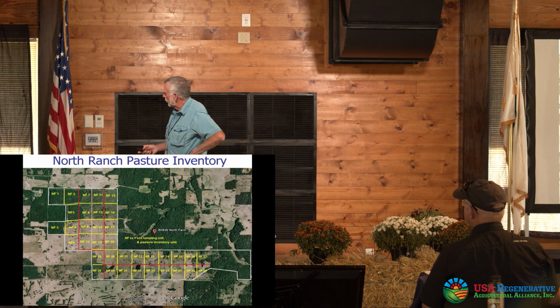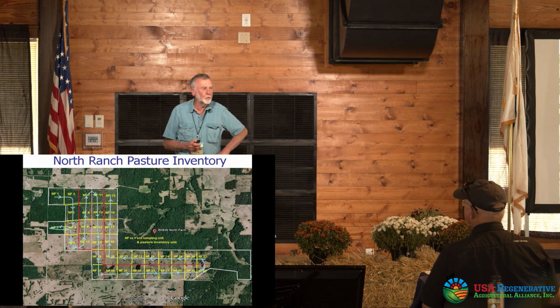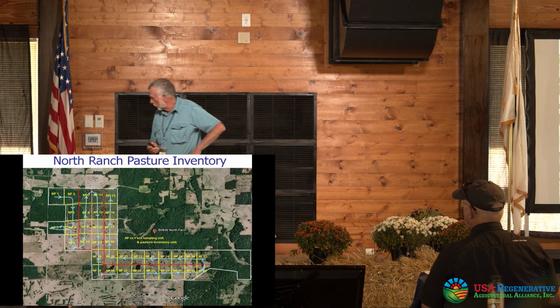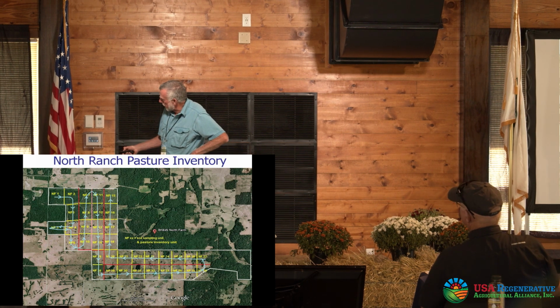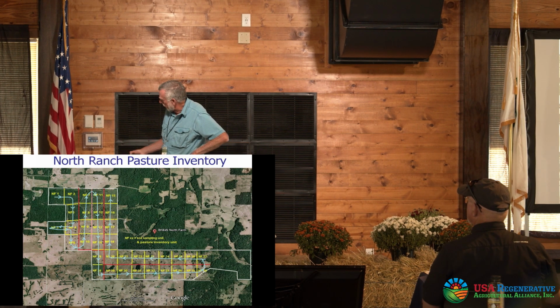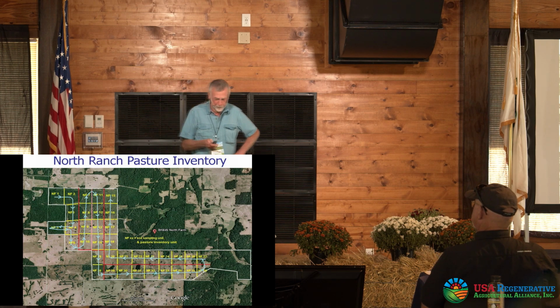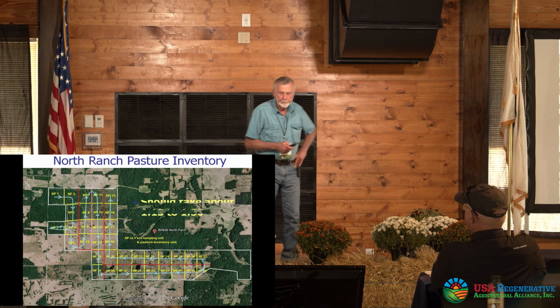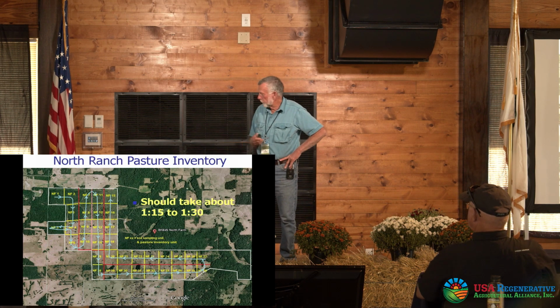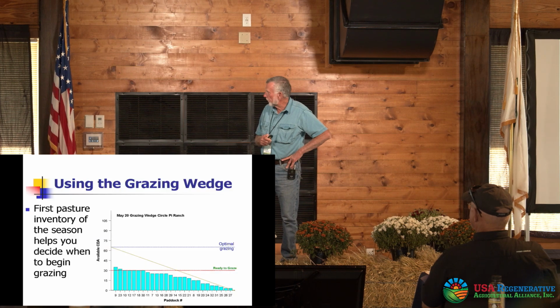What I'm illustrating is that it's easy to do on a 20-acre place, but it's also easier to do when you're dealing with hundreds or 1,000 acres. So this is the travel route for this one, and we're always trying to minimize backtracking. You figure out the most expedient route and cover the ground as fast as possible. And that was 1 to 1.5 hours to do that.